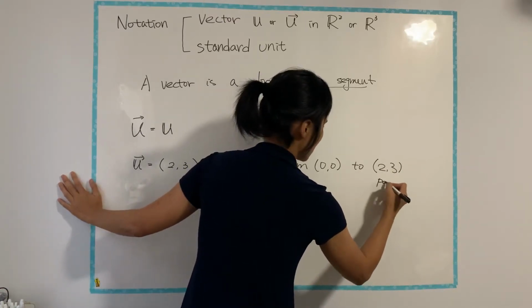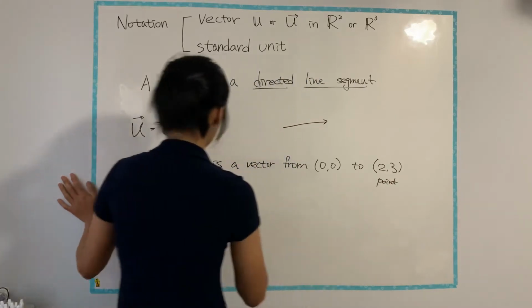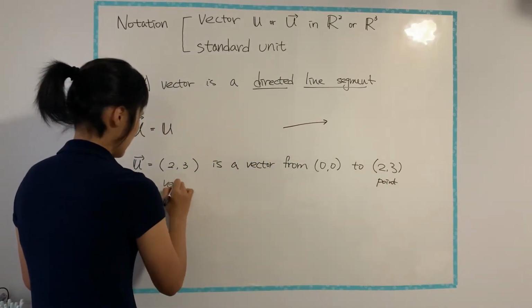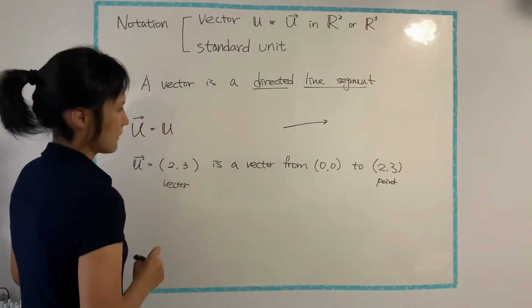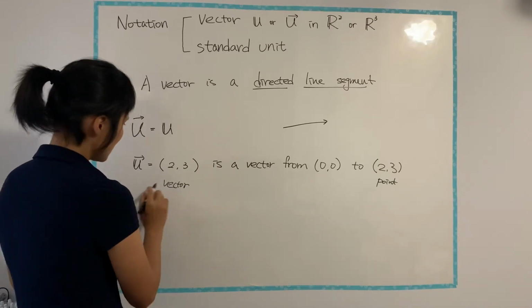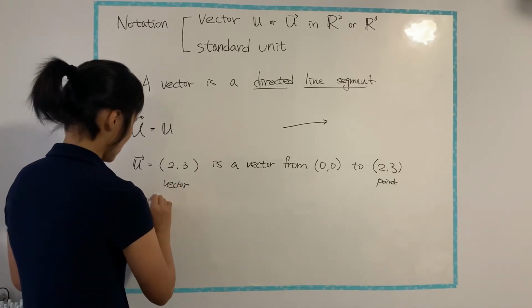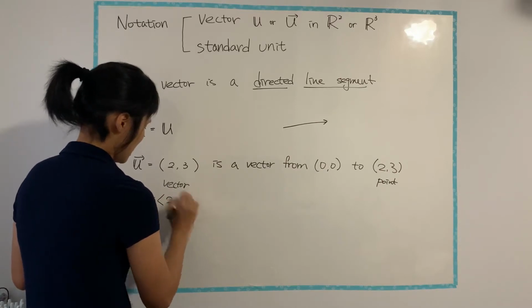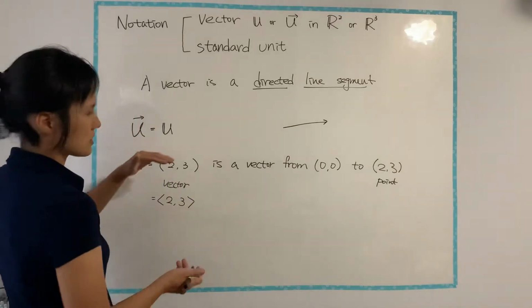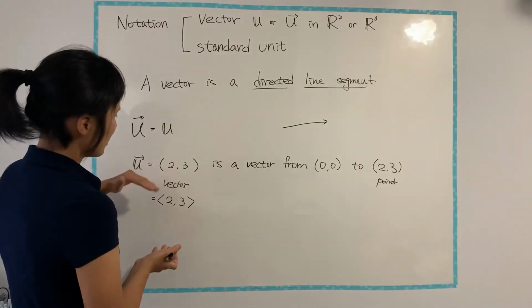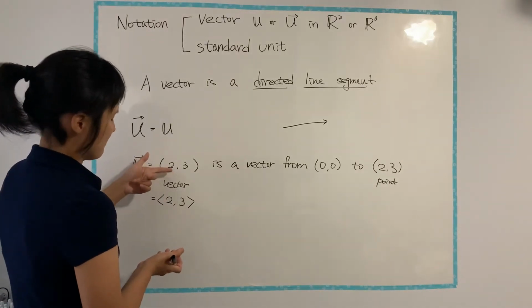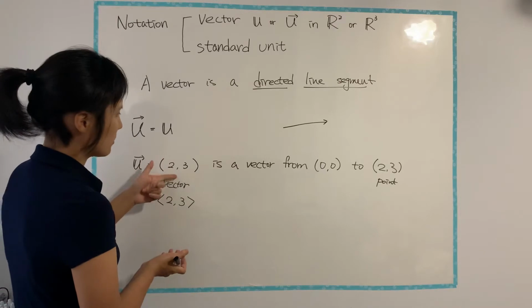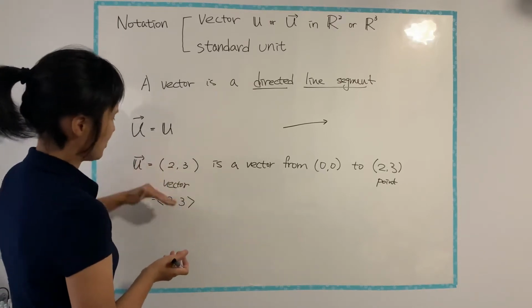So this is a point, (2, 3), and this is a vector. Okay? So sometimes you will see people use this notation, 2, 3. They're the same as long as you understand this is a vector, not a point. Then you can abuse the notation.